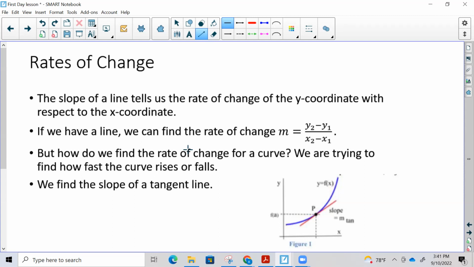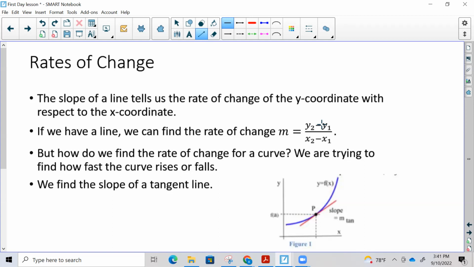When we have a line, we use the classic slope formula, which is the quantity y2 minus y1 over the quantity x2 minus x1, or maybe you thought of it as rise over run. But in calculus, we're not going to really look at linear functions. We're going to look at a lot of different functions, such as exponential, quadratic, cubic and other polynomial curves, because in real life, most things are not modeled with a line.